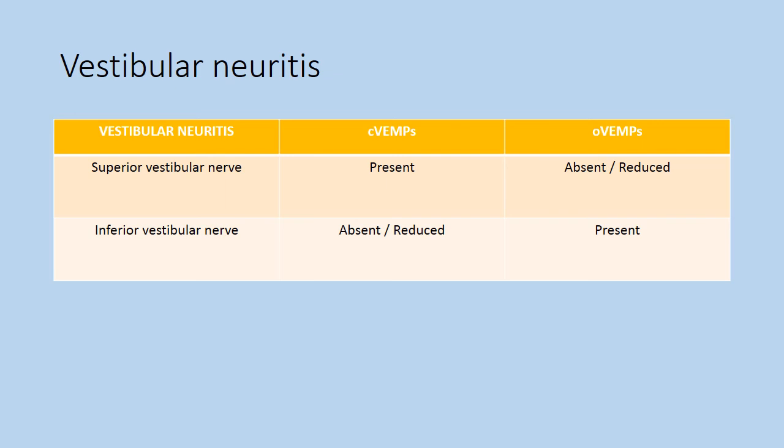In contrast, a patient with neuritis in the inferior division of the vestibular nerve produces absent or reduced CVEMs on the ipsilesional side and unaffected OVEMs. This means that the CVEMs are affected, but the OVEMs results can be obtained normally for the tested ear.